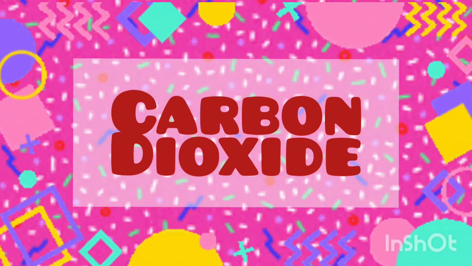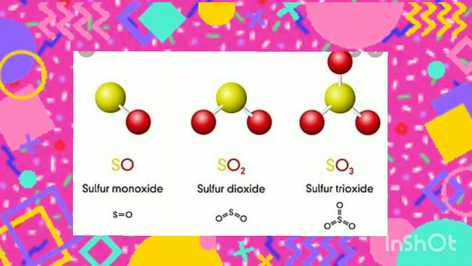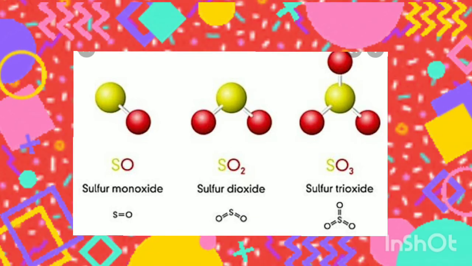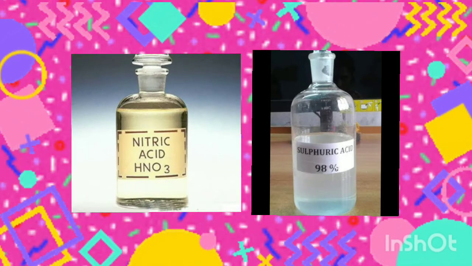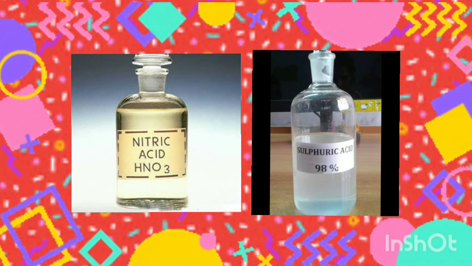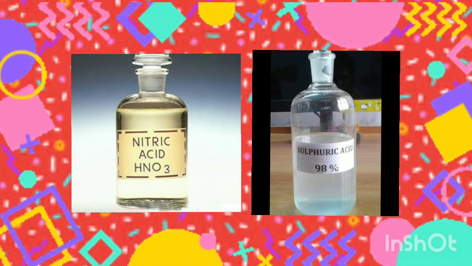Then the third one is oxides of sulfur and nitrogen, that is sulfur dioxide and nitrogen dioxide, nitrous oxide or nitric oxide. These oxides are released when petrol and diesel are burned.